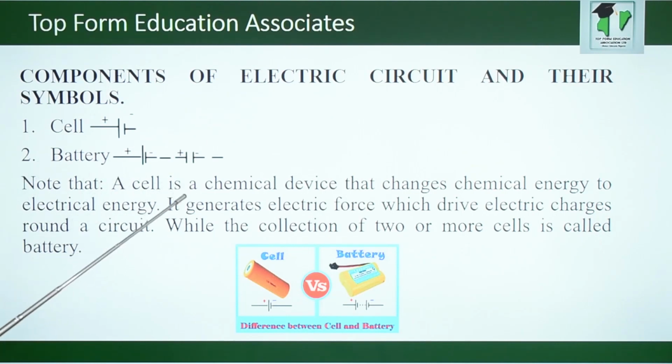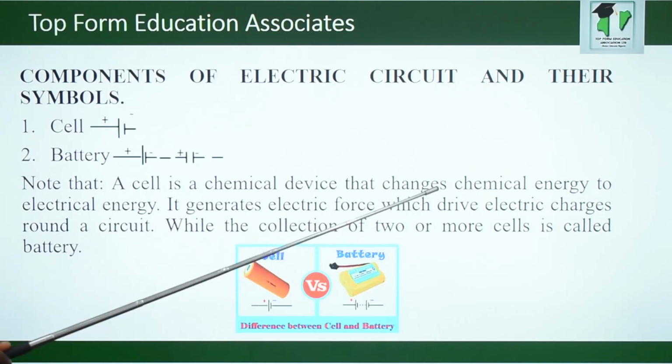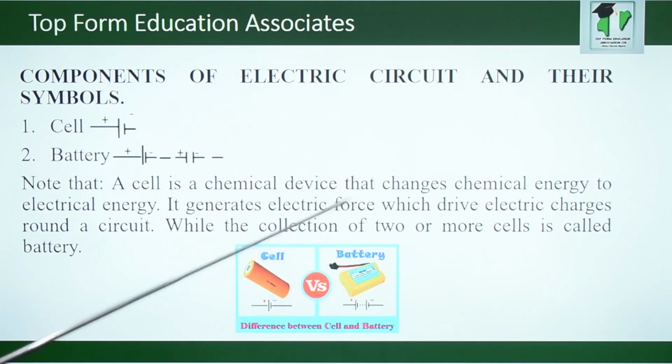Note that a cell is a chemical device that changes chemical energy to electrical energy. It generates electric force which drives electric charges around a circuit, while the connection of two or more cells is called a battery. You can see it here, two or more. Here you have two cells connected. Then you have only one here, called a cell, while these two is called a battery.